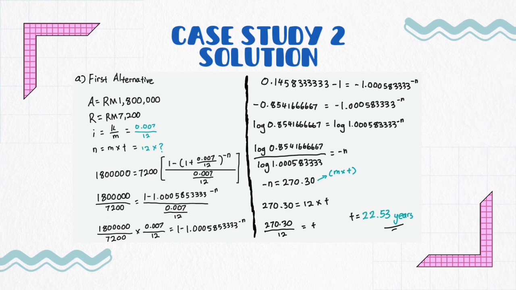So it will be 0.145833333 minus 1, and it will get us negative 0.854166667 equals negative 1.000583333 power of negative n.